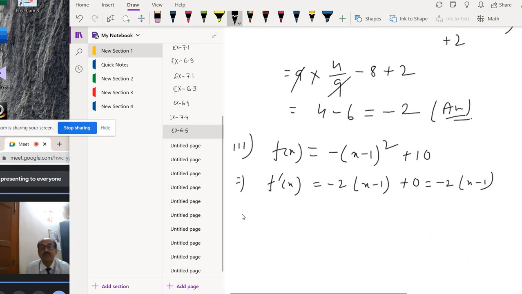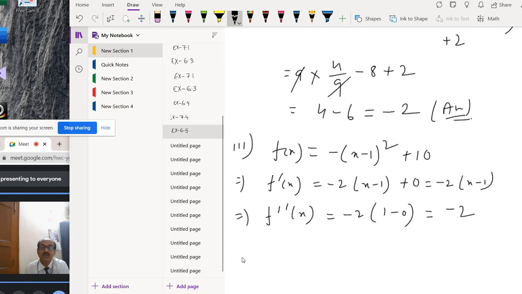Now second order, f double dash x equal to minus 2 into 1 minus 0, x derivative 1, so equal to minus 2. Now apply the condition for maxima or minima: f dash x equal to 0.